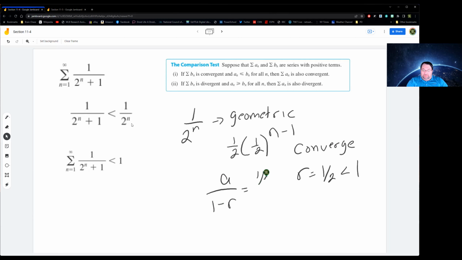So it's 1/2 over 1 minus 1/2, which equals 1. So that's how they got that. So I know that this side right here is going to converge to 1. And since I know this is less than that, I know this part has to be less than 1.